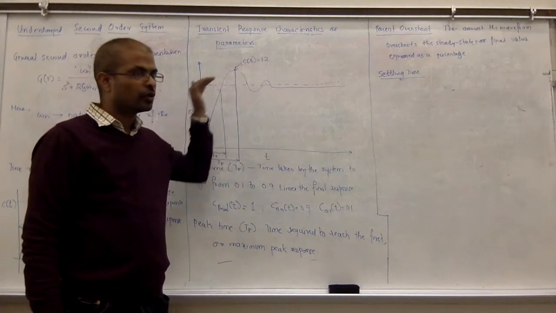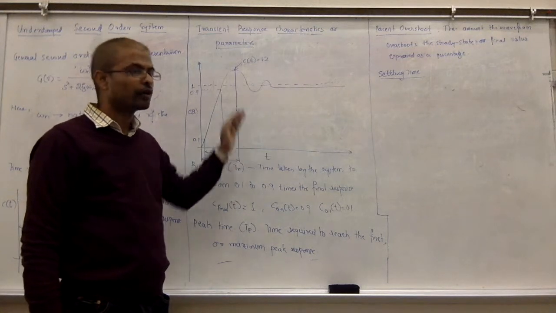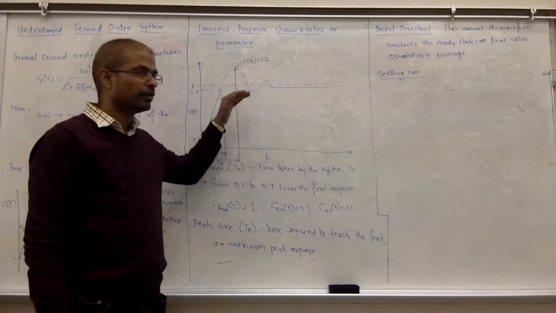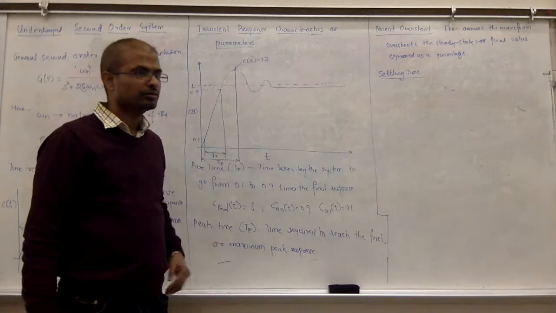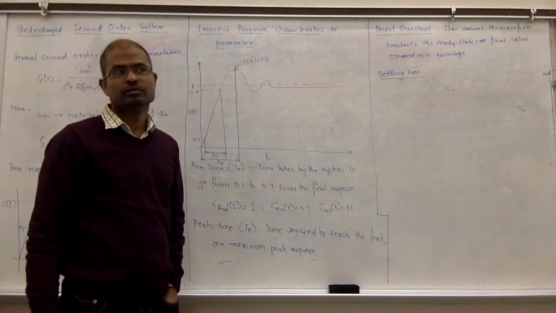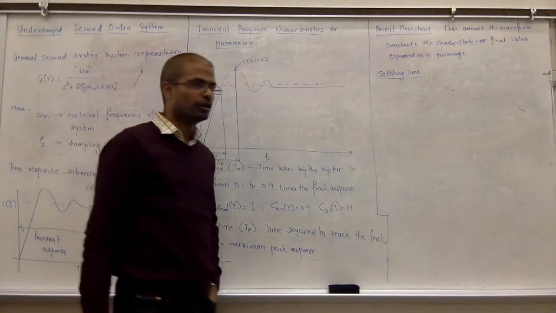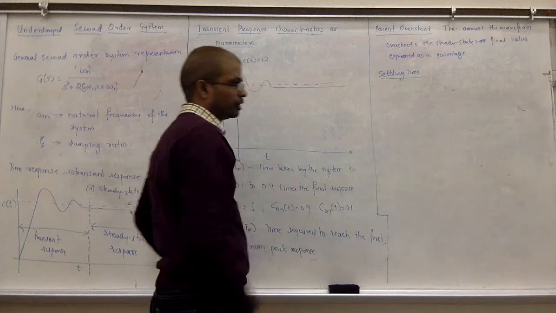It slowly gets to the final value. It will eventually get there, but it will never go above the final value. If it never goes above the final value, it will never have an overshoot. First order systems are similar to overdamped systems. That's the reason these two parameters are not relevant.